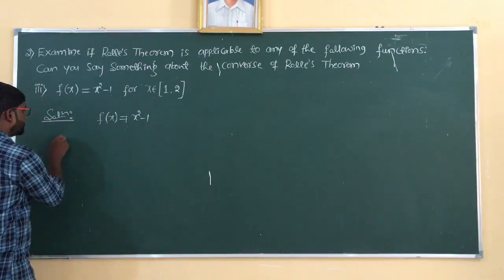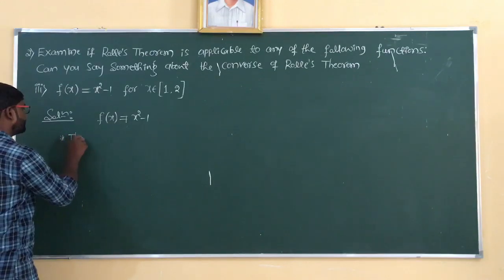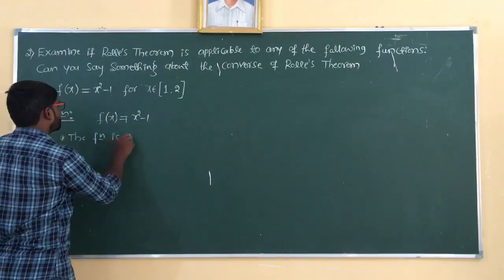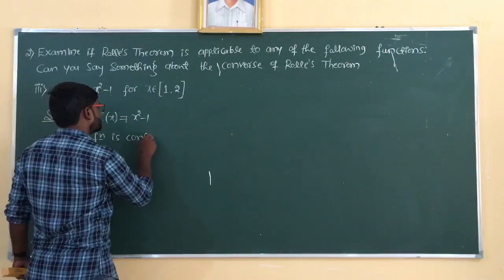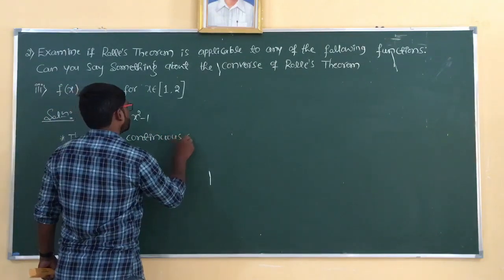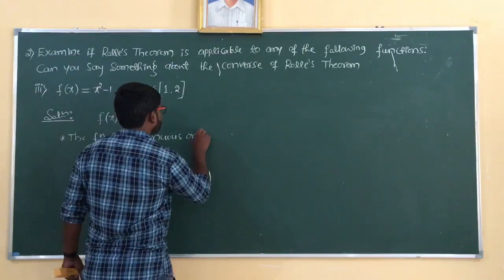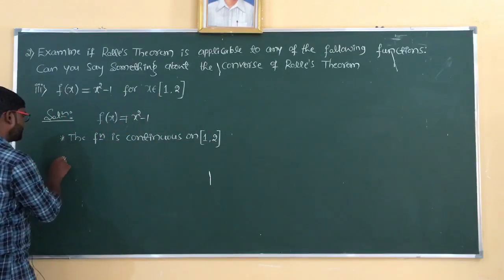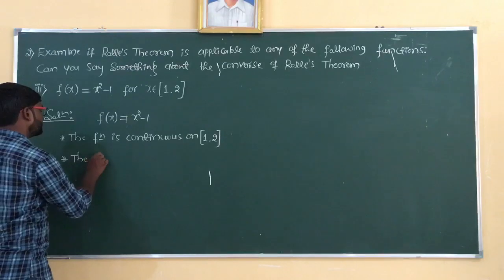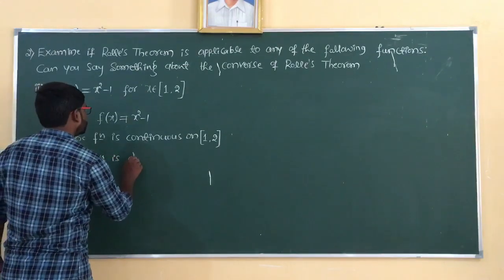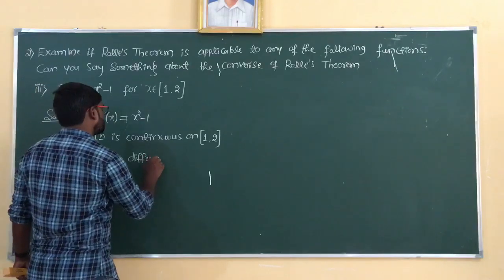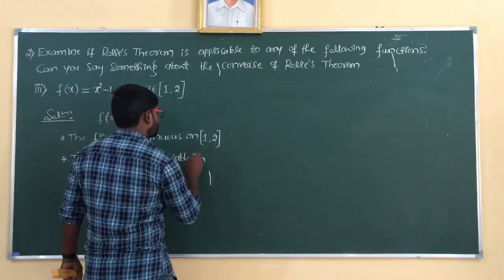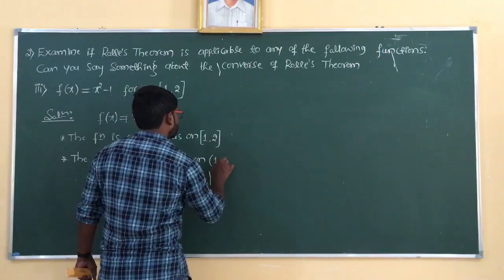So now the function is continuous on closed interval 1 comma 2, and then the function is differentiable on open interval 1 comma 2.